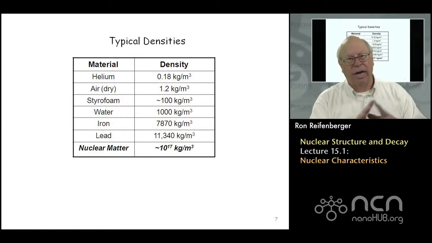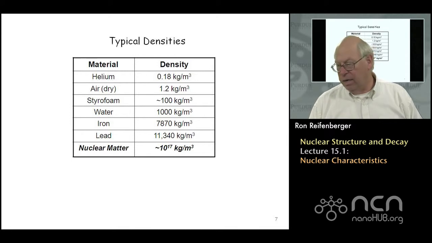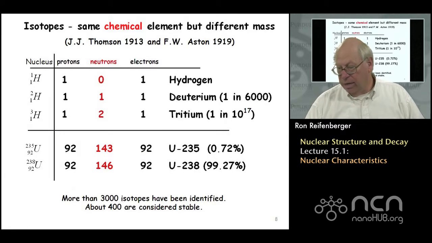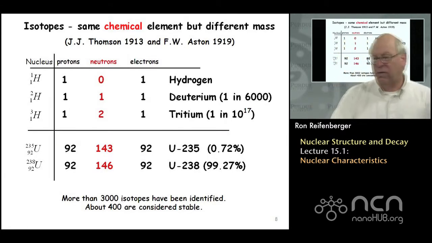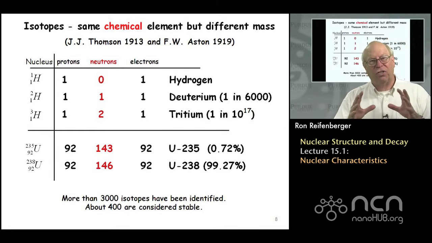Another important characteristic of nuclei is this concept of an isotope. And this is of course a very interesting story, but it turns out you can have the same chemical element, but you can have different nuclear masses associated with that chemical element.